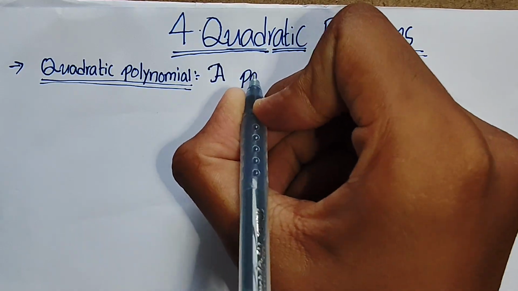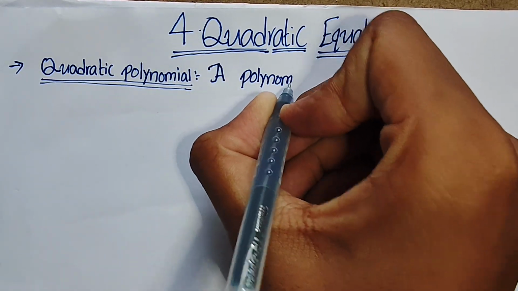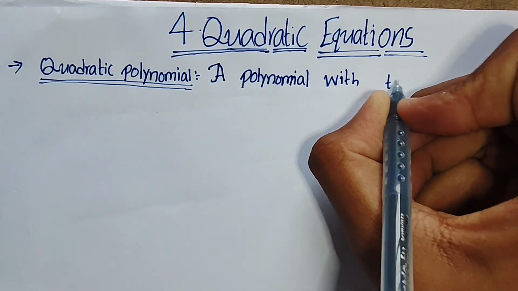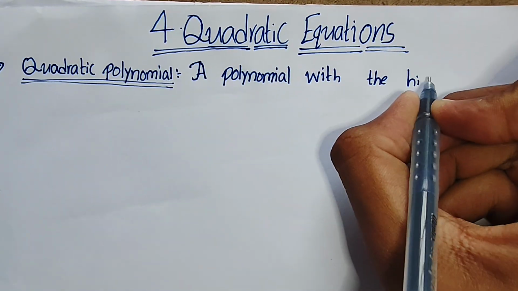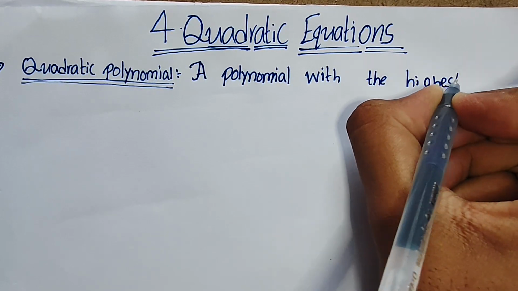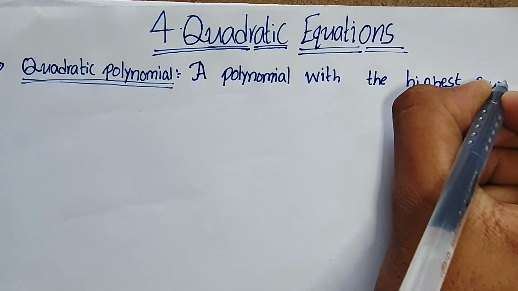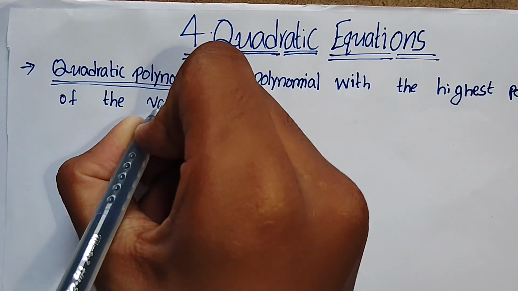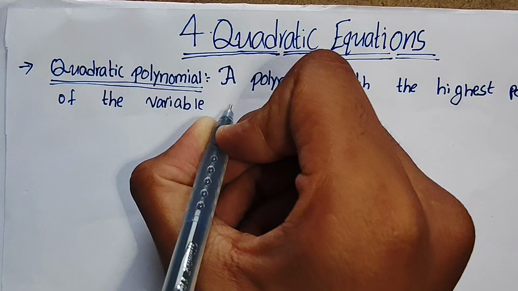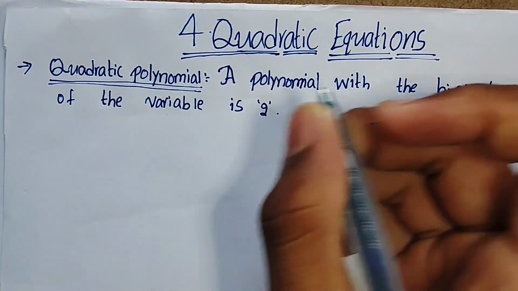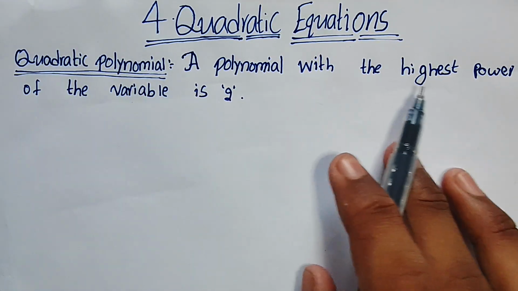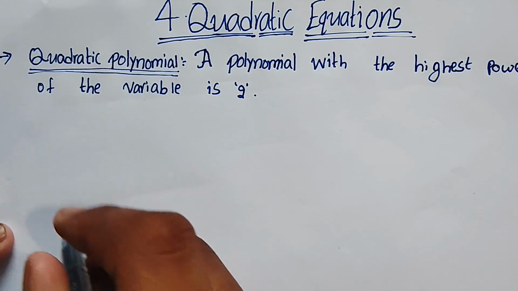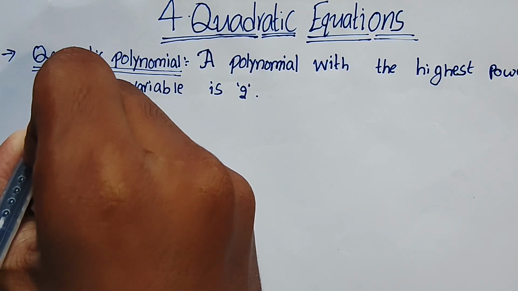A polynomial with the highest power of the variable equal to 2 is called a quadratic polynomial.